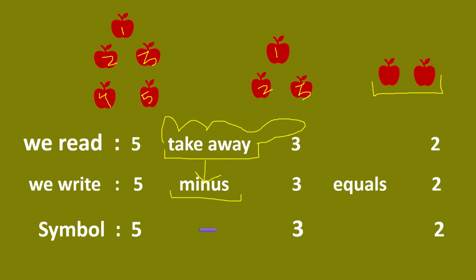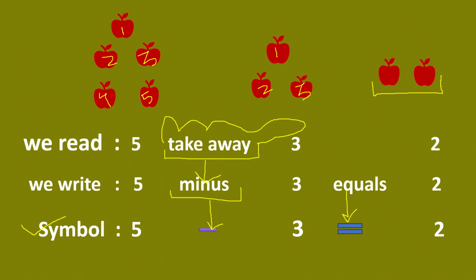So that minus is converted into that symbol, and equal is written like this, which looks like 2 sleepy lines or 2 parallel lines. This one is the most important for you because it is related to class 1 and the upper classes, like 11, 12, and further. The symbolic form is easier for us because it takes less time to represent on a class notebook or blackboard when you solve the equation. So that's why we use a symbol, because a symbol takes less time and is easy to recognize.